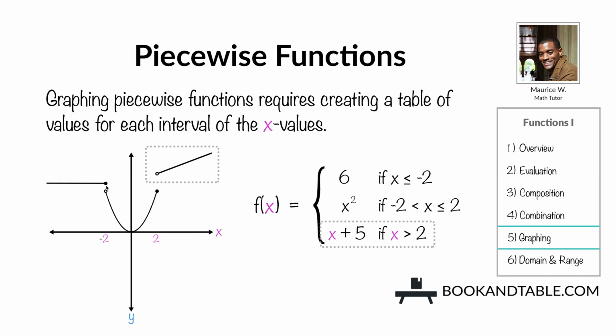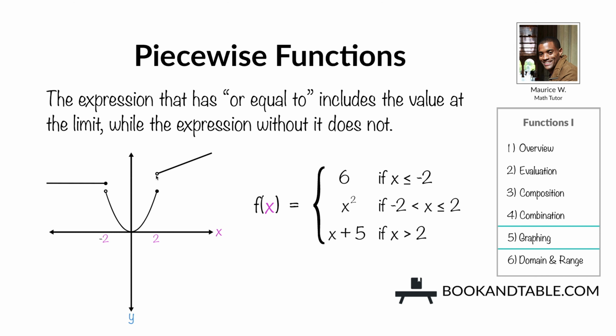Now, something to keep in mind, you'll see here at the end of each interval, you either have a filled in circle or an empty circle. This is because the expression that includes or equal to includes the value at the limit, while the expression without it does not. So here we see that x is less than or equal to -2.